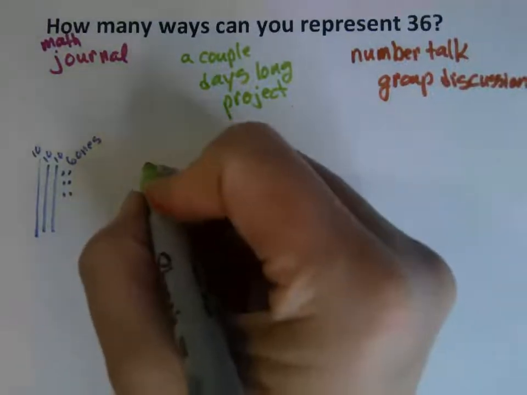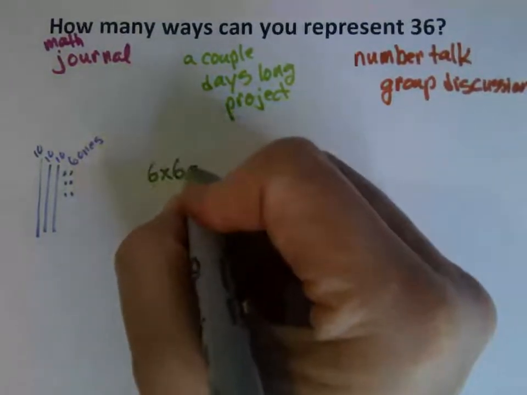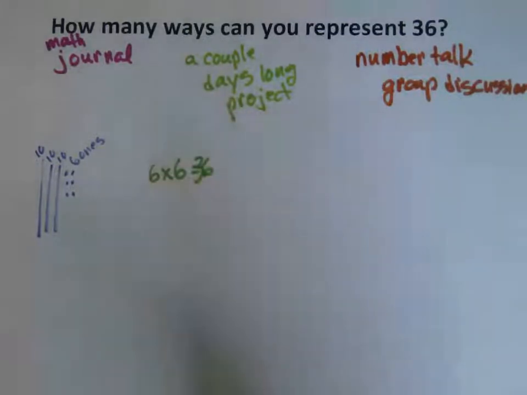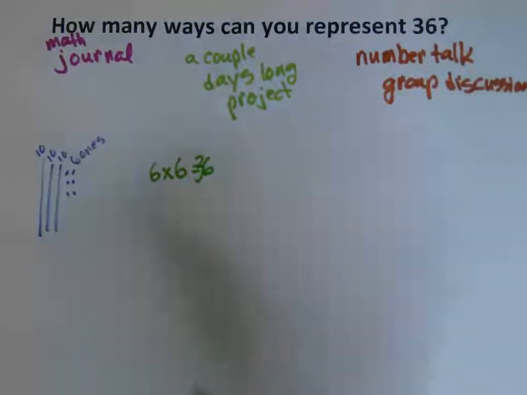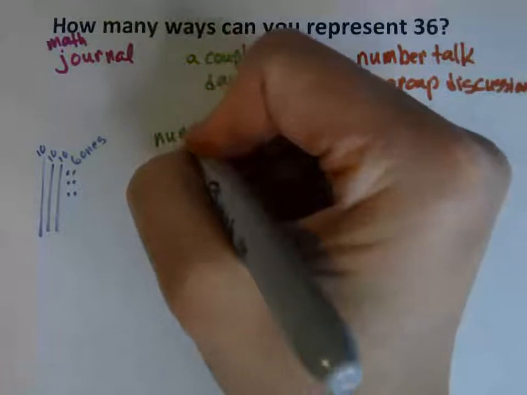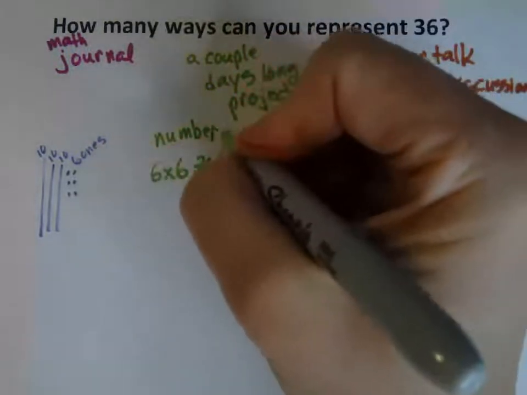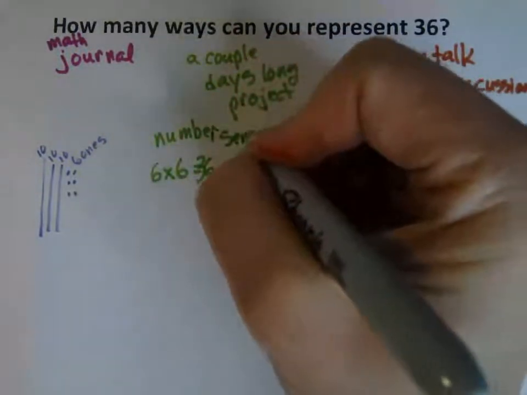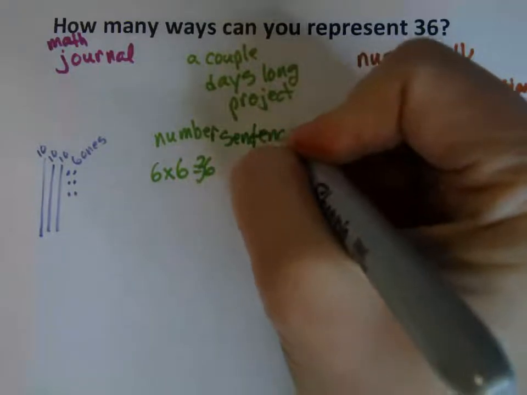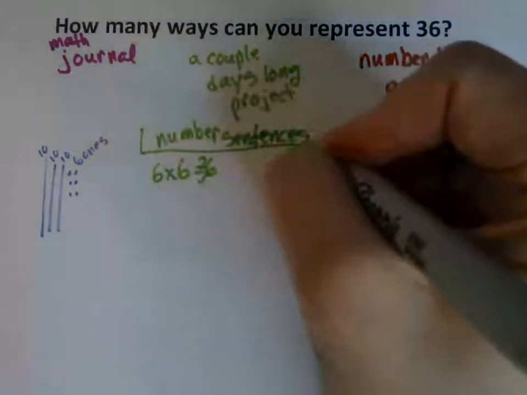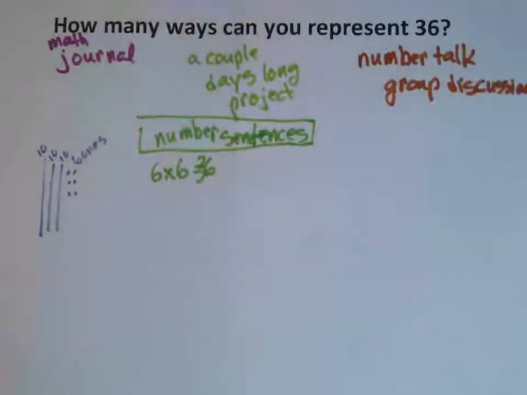Okay, I could see somebody else saying, well, it's 6 times 6 is 36. I wrote a number sentence. So there's probably a whole bunch of number sentences we could write. There's a whole bunch of number sentences we could have for 36.